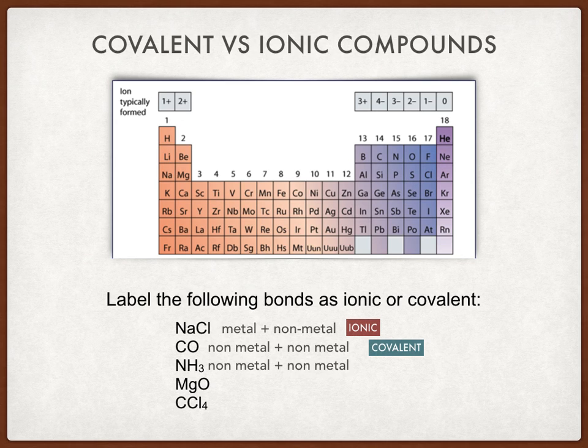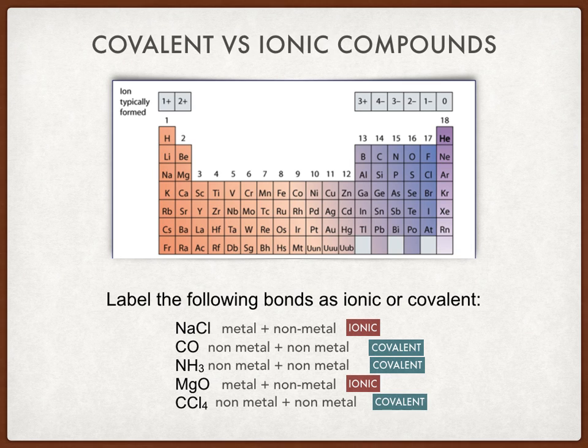NH3, 2 nonmetals, covalent. Magnesium oxide, we have a metal and a nonmetal, so that is ionic. And then this is carbon tetrachloride, which we will learn in this lecture how to name. Carbon is a nonmetal and chlorine is a nonmetal, so nonmetal, nonmetal, covalent.